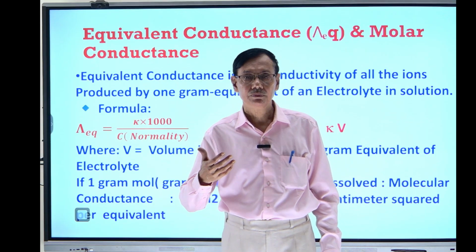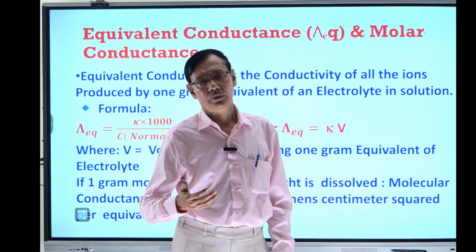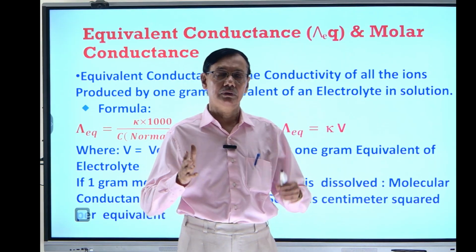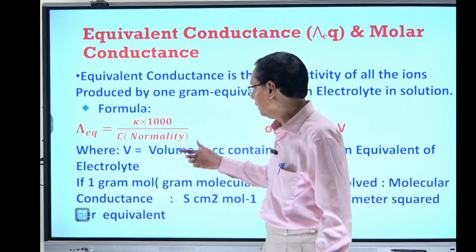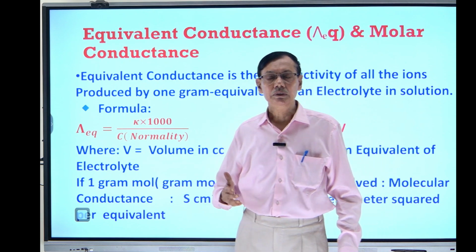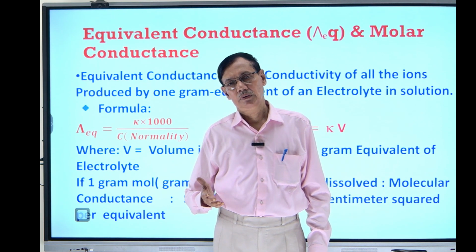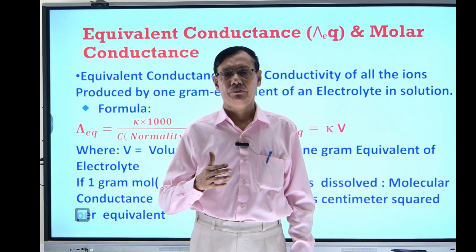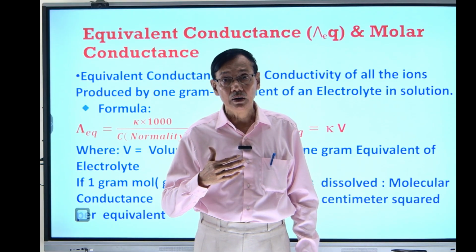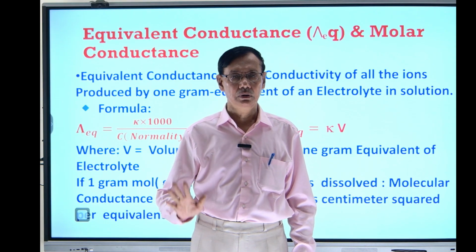But suppose I take 1 gram mole, that means I am considering the molecular weight of that electrolyte, then we can consider the molar conductance, or in some books it is written like that, molar conductivity. So don't get confused.